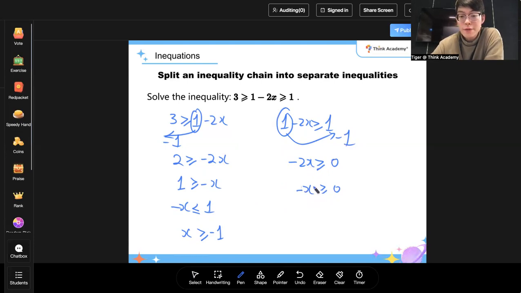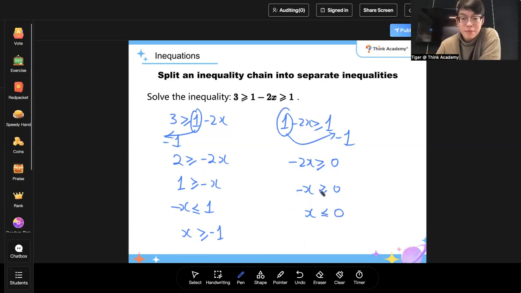However, we are not looking for minus x, we are looking for plus x. So we are dividing both sides by the minus, or just multiplying both sides by the minus. Doesn't really matter. And it becomes x is smaller than or equal to 0. When you are just trying to take the opposite numbers, you swap the signs, right?